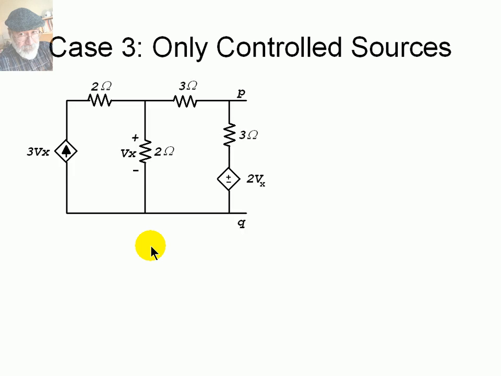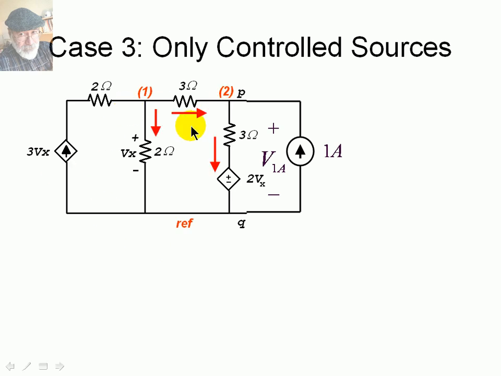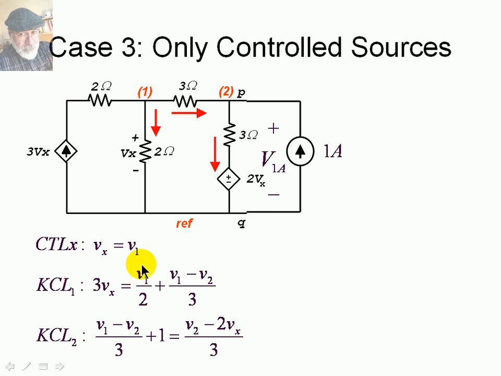There is your circuit. It has only controlled sources. So we know that Vthevenin is 0. And to find our Thevenin, we connect a 1 amp current source and compute the value of V1A. How? M&A, reference node, nodes 1 and 2, branch currents. Those are the M&A equations.